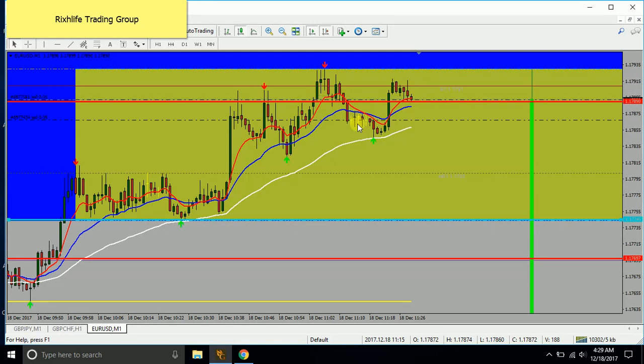What this particular pattern is showing here on the EURUSD 1 minute chart is multiple rejections from moving forward.